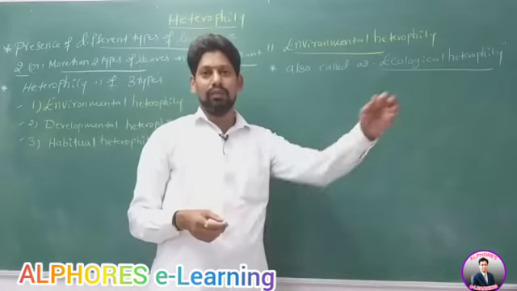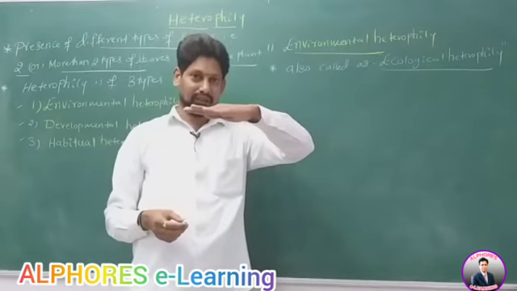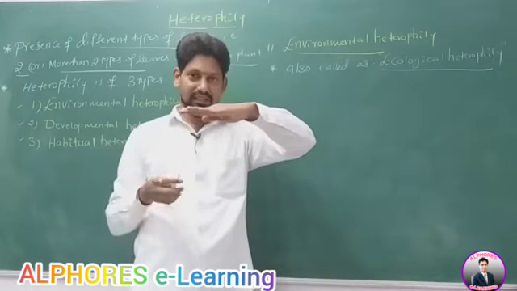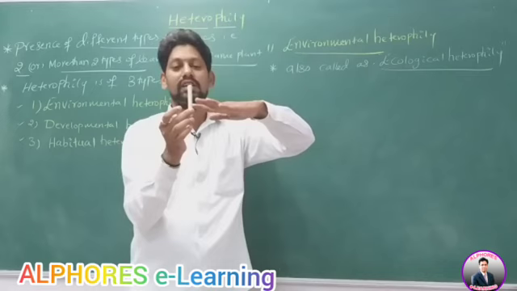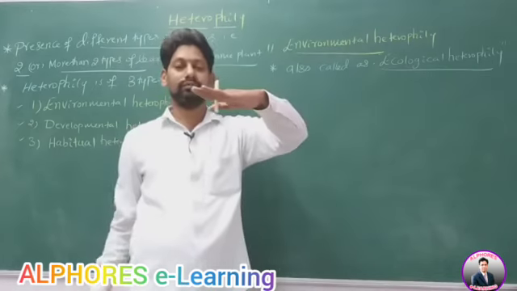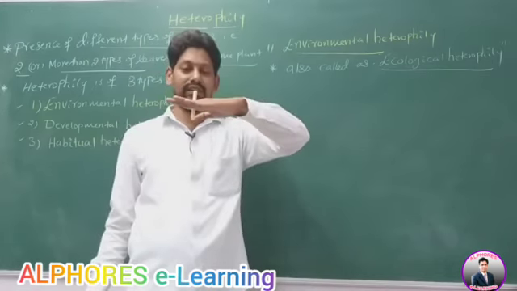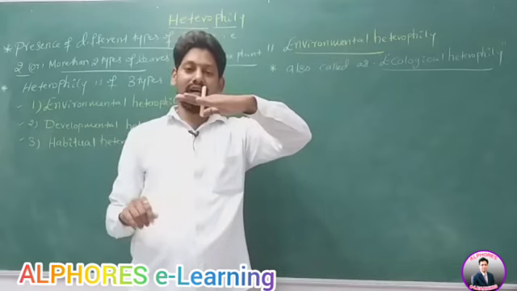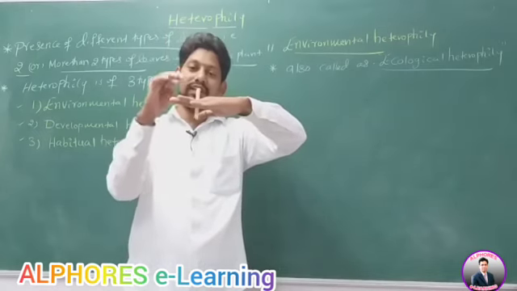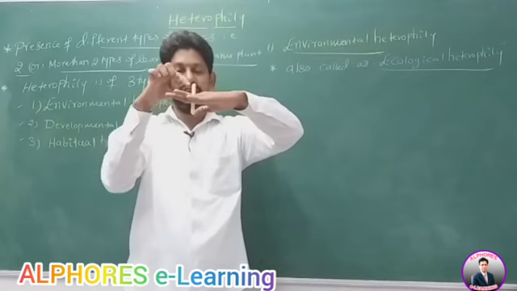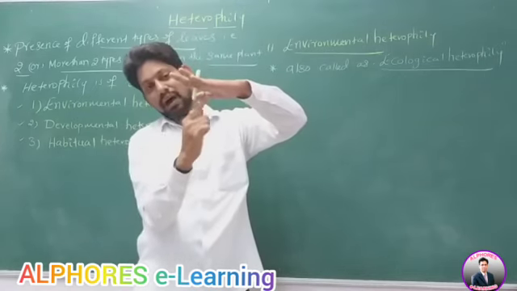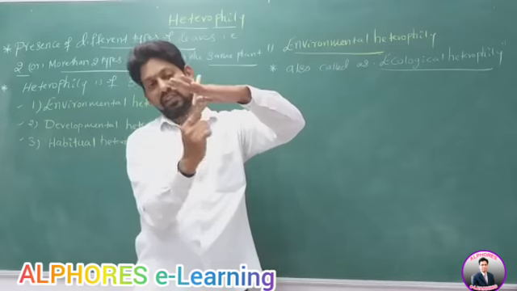For example, this is the surface of the water. This is a hydrophyte. A part of the hydrophyte is above the water surface, whereas this part is below the water surface.